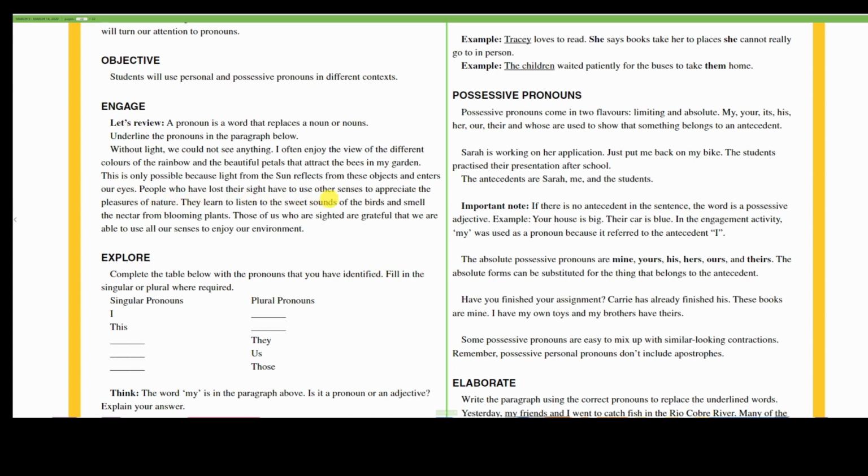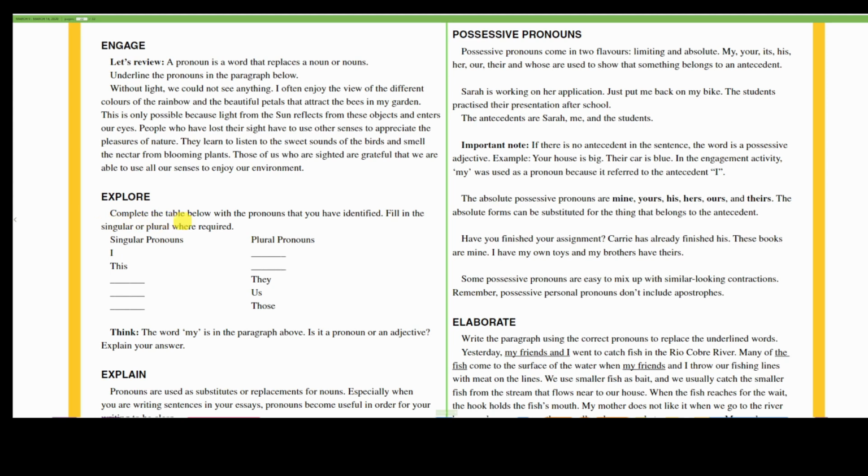People who have lost their sight use other senses to appreciate the pleasure of nature. They learn to listen to the sweet sounds of the birds and smell the nectar from the blooming plants. Those of us who are sighted are grateful that we are able to use all our senses to enjoy our environment.